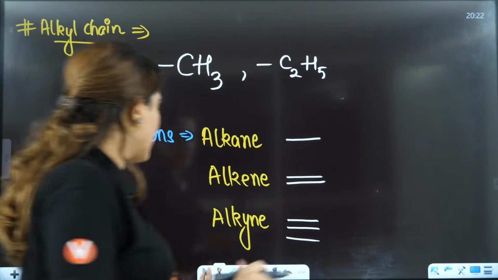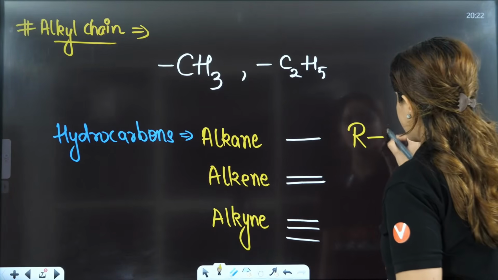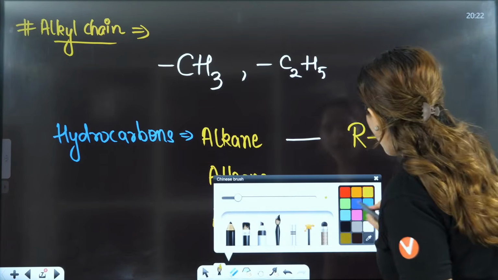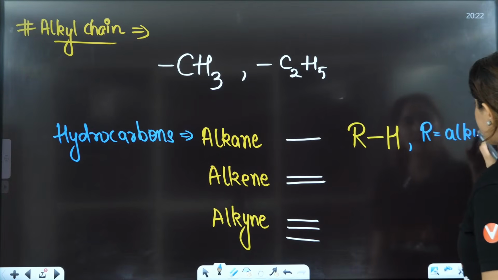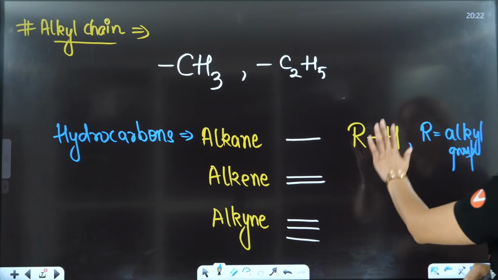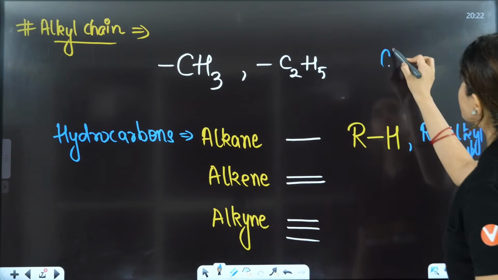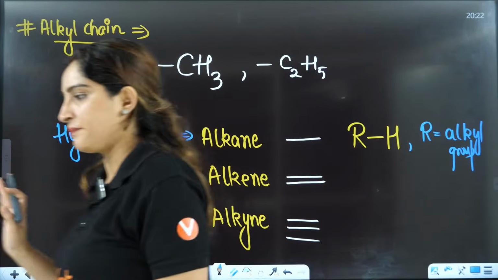Now I'll represent alkane as RH, where R is an alkyl group. That means if R is CH3, this becomes CH3H, and that is an alkane, right?